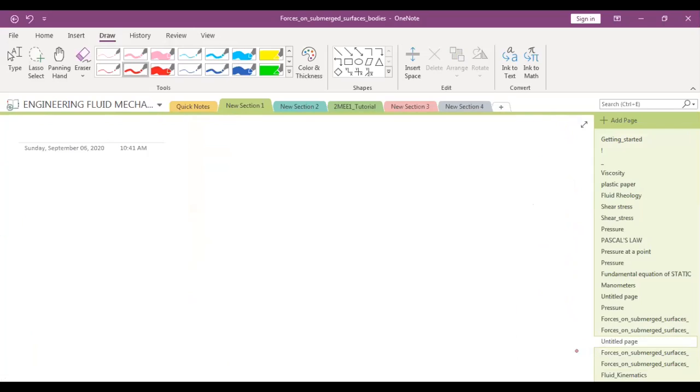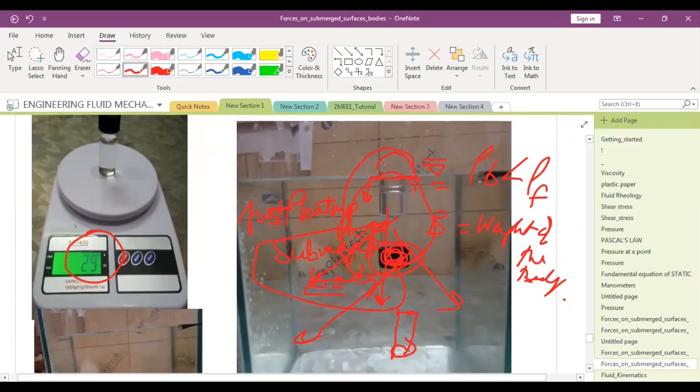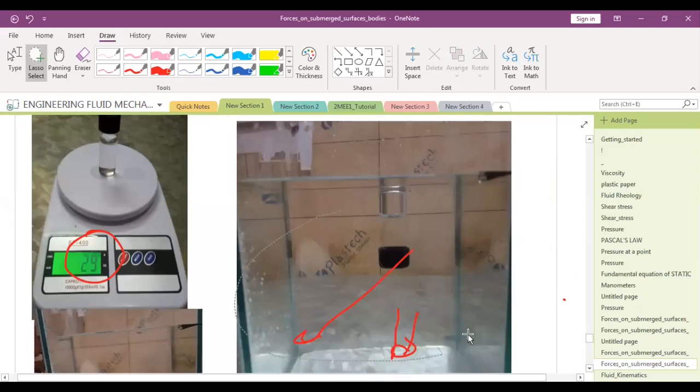So that's why what you see here is, in this case, let me know first whether the center of buoyancy and center of gravity are coinciding, or which one is above and which one is below. So where will be the center of buoyancy? What do you think? This is a cylinder that is fully submerged, of height h. So where do you expect the center of buoyancy to be?